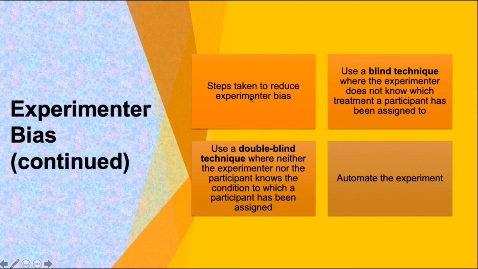You can do this by using a blind technique. In a single blind technique, the experimenter does not know which treatment a subject has been assigned. For example, in an experiment on the effect of children watching violent television on aggression, children could be randomly assigned to watch either violent cartoons or non-violent cartoons.